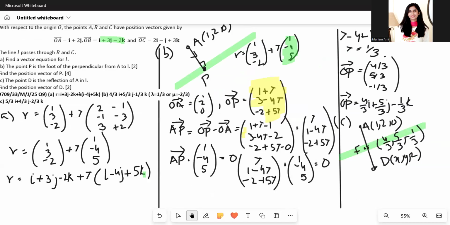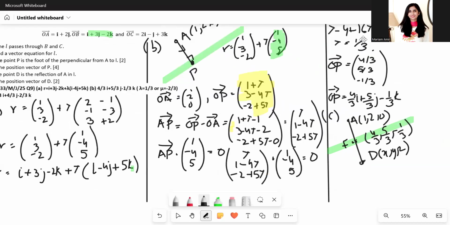So now we use the midpoint formula. We know (1 plus x) over 2 should be equal to 4/3. Then (2 plus y) over 2 should be equal to 5/3. And (0 plus z) over 2 should be equal to minus 1/3.